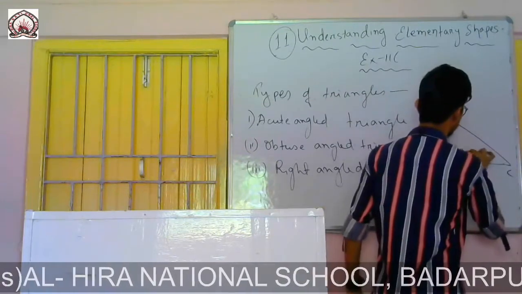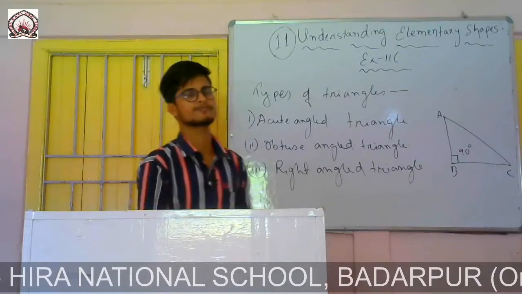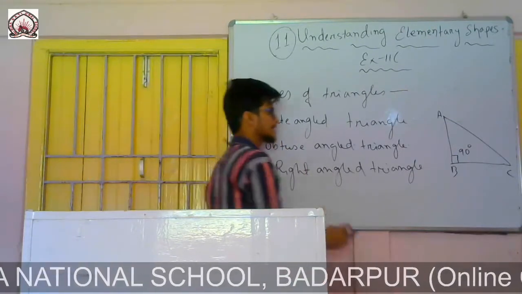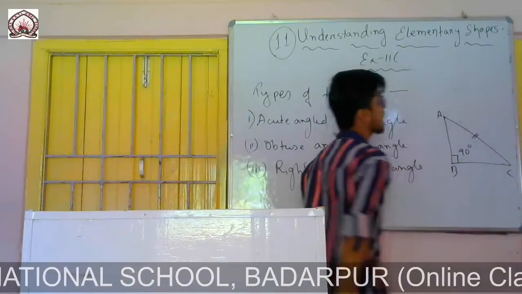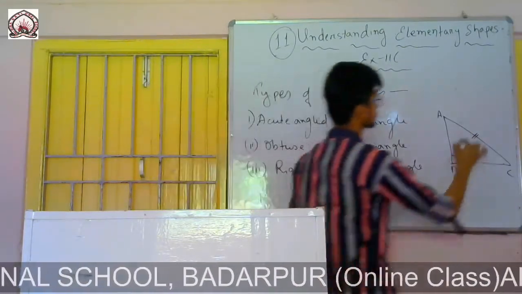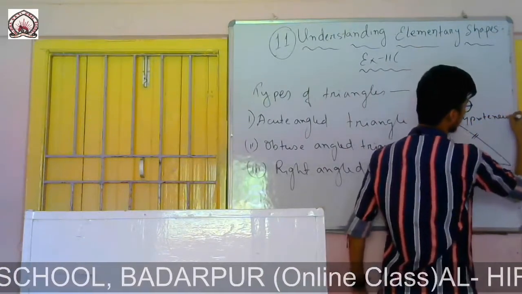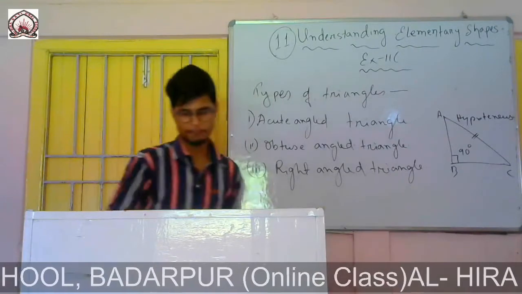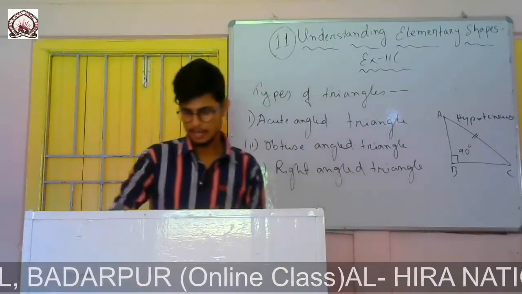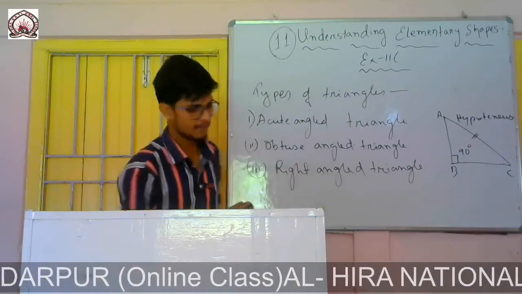If one angle is given as 90 degrees, then we say such a type of triangle is a right angled triangle. And in a right angled triangle, this side is known as the hypotenuse, the side just opposite to the perpendicular side. So now we will begin exercise 11D.